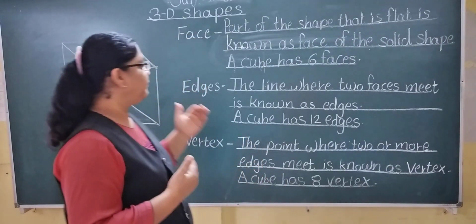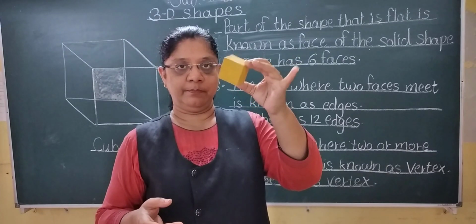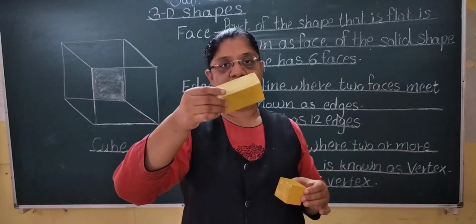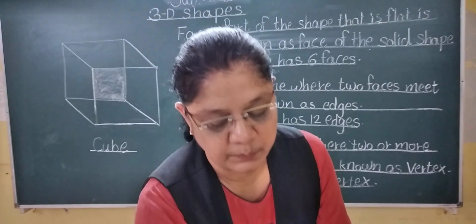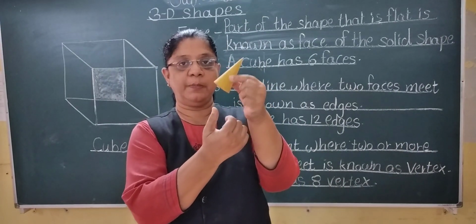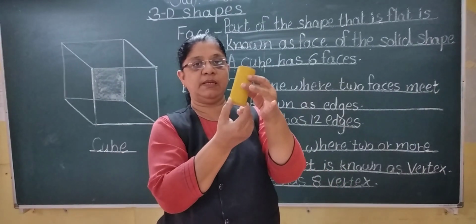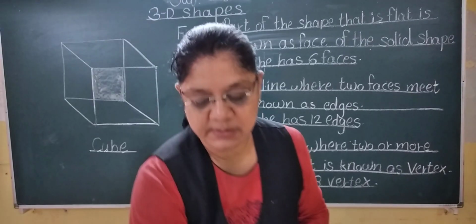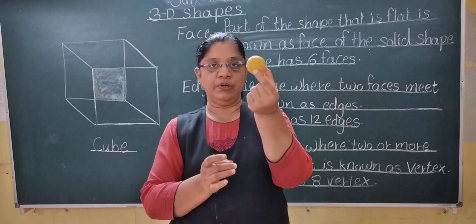It includes cube, cuboid, cone shape, cylinder shape, and sphere. Okay, understood?